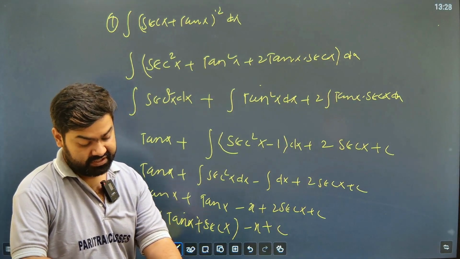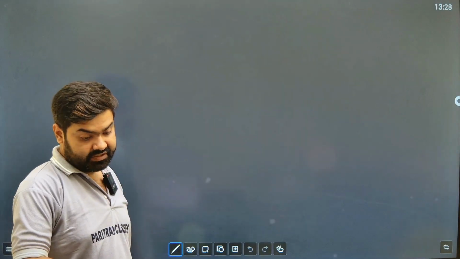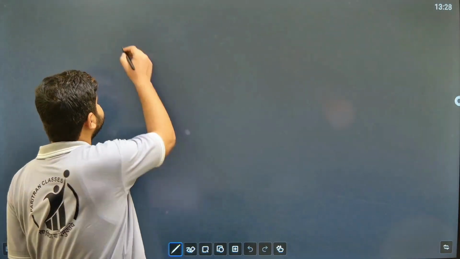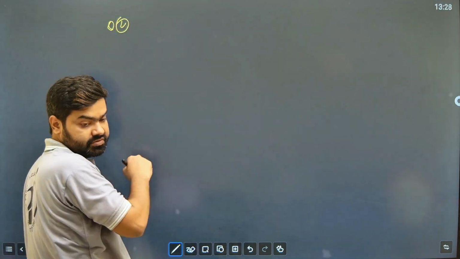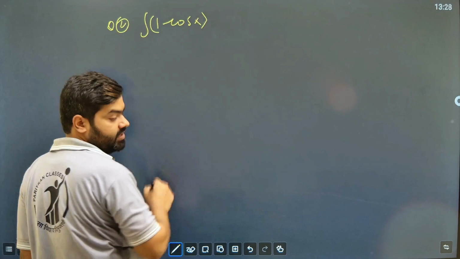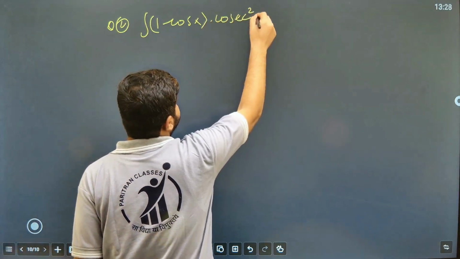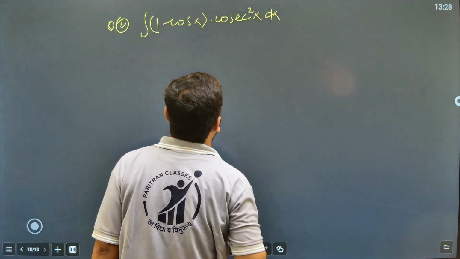Okay, next question is question number 2. We have to integrate (1 minus cos x) upon cos square x dx.